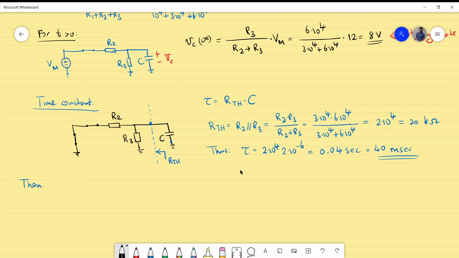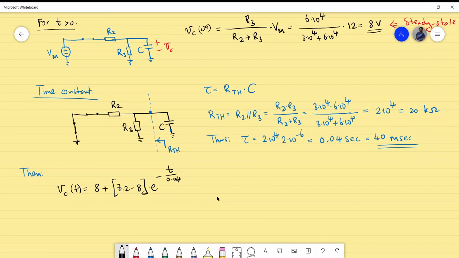I will do it in black, and Vc is equal to the final value, the steady state value was 8, plus 7.2 minus 8, and then e to the power t divided by 0.04. So if you simplify this, then you get 8 minus 0.8 times e to the power minus 25t, and that's actually in volts.